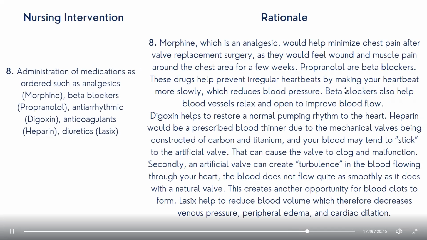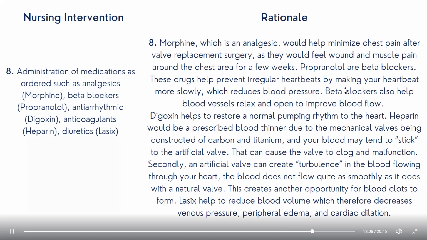The final nursing intervention: administration of medication as ordered, such as analgesics, for example morphine, beta blockers such as propanol, antiarrhythmic such as digoxin, anticoagulants, for example heparin, and lastly diuretics such as Lasix.